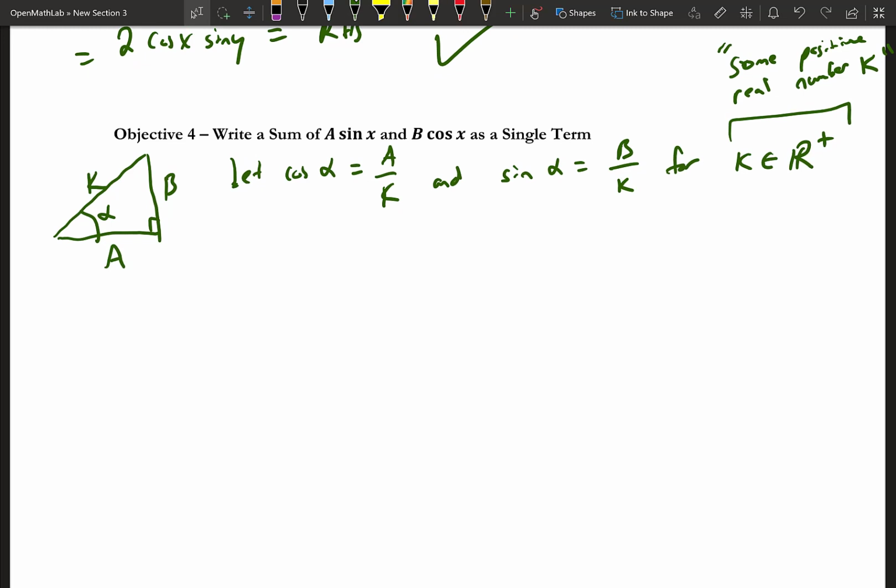For this exercise, we're going to consider the case when alpha is between 0 and π/2.